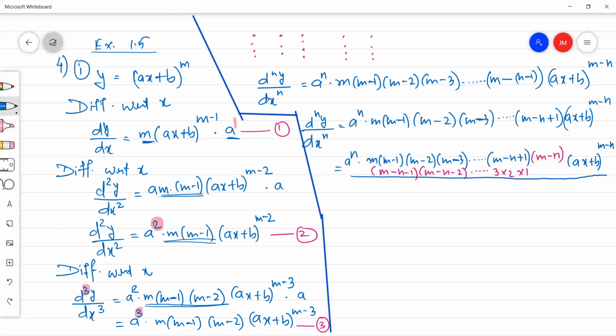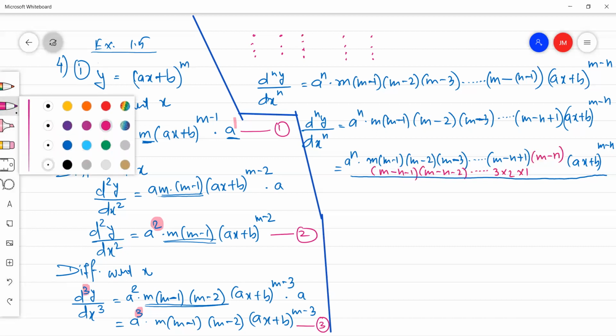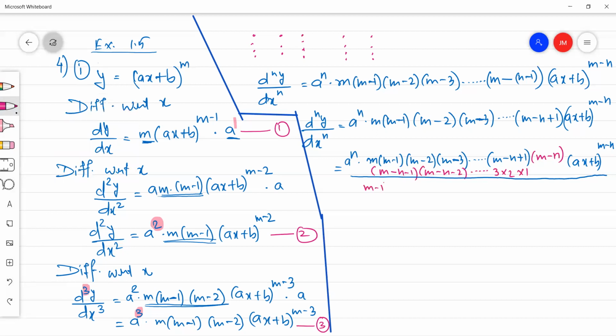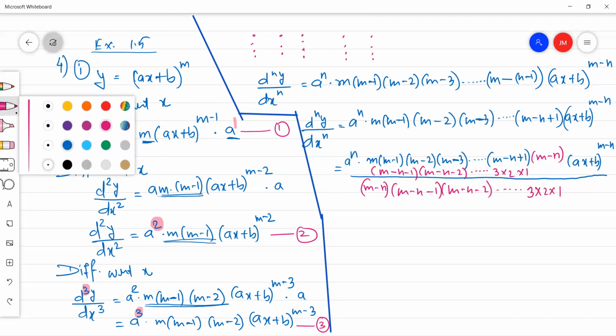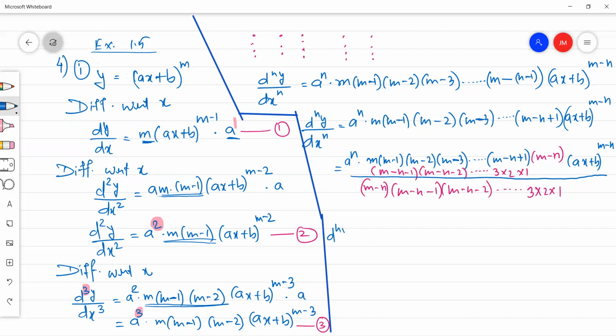So in the next step, see what I get. I get here m minus n, m minus n minus 1, m minus n minus 2, and so on, 3 into 2 into 1. So the next step, what we have, students, we have dny upon dxn is equal to a raised to n. The numerator, you can check this, it is starting from m and it is going up to 3 into 2 into 1.